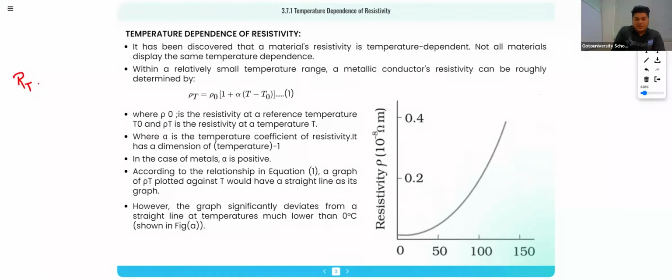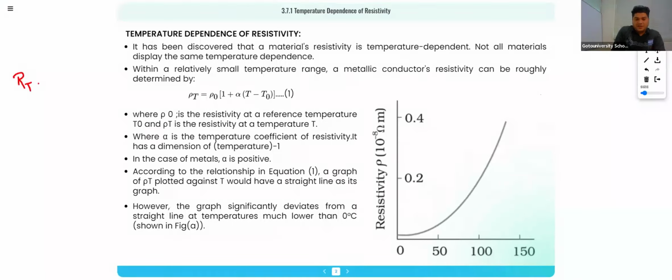If you increase the temperature, resistivity will decrease. If you decrease the temperature, resistivity will increase. So we have concluded that for metal, alloy, and semiconductor, the behavior of resistivity with respect to temperature is different.